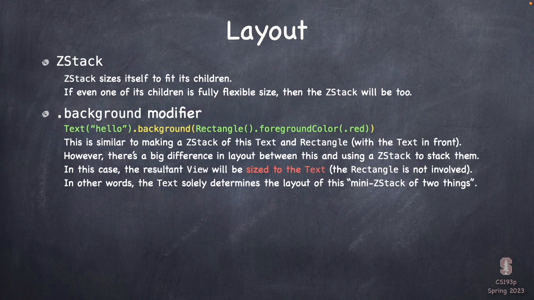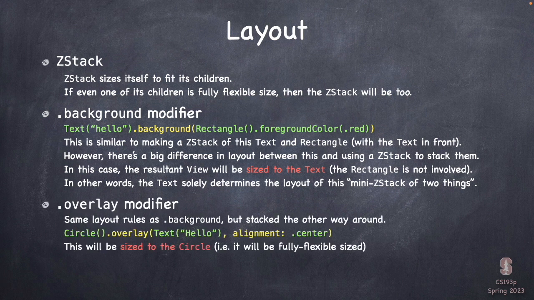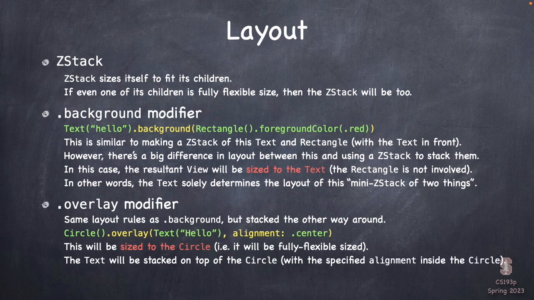It determines the size. And similarly, there's another one called dot overlay. It's the opposite. The two-man Z-stack where the thing in the front is a slave to whatever's in the back. So for example, here I have a circle that's got an overlay of a text. In that case, that's going to be a flexible view as large as can be. So that would be similar to a Z-stack.